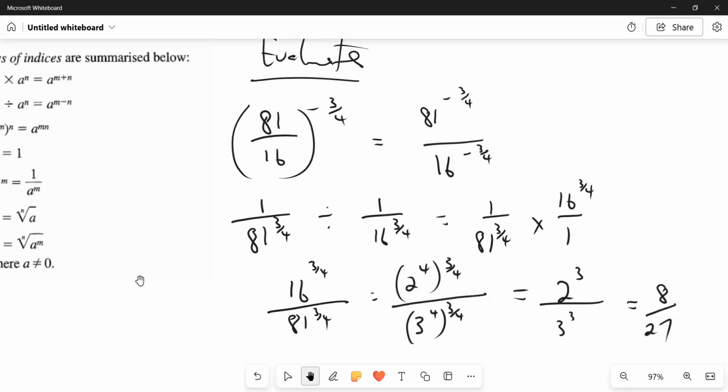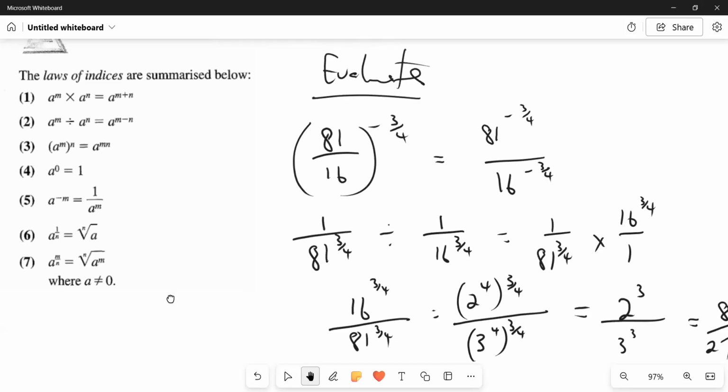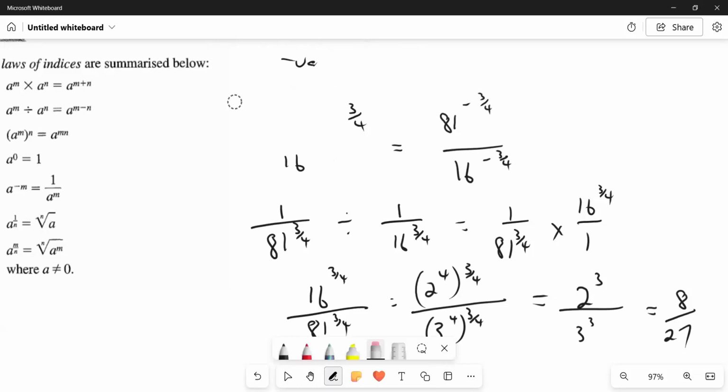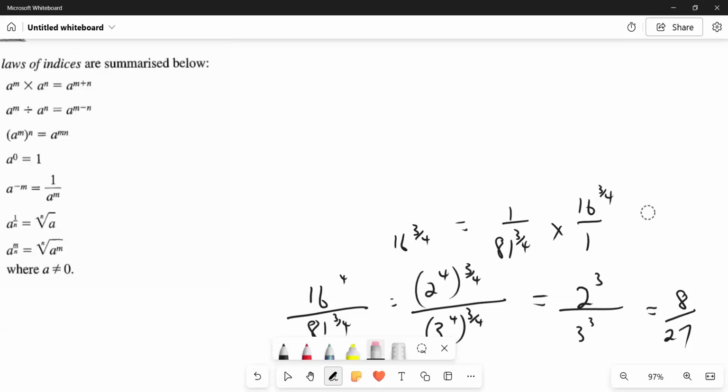Good. So as I said, all kinds of things can be out there where you have to use the laws to simplify them, right? Now, what if you have an equation where the unknown is in the index?